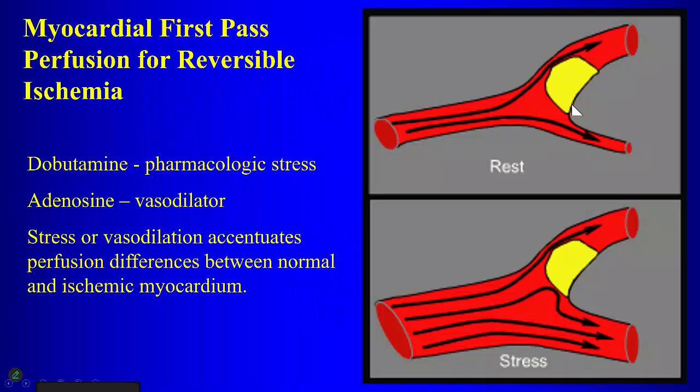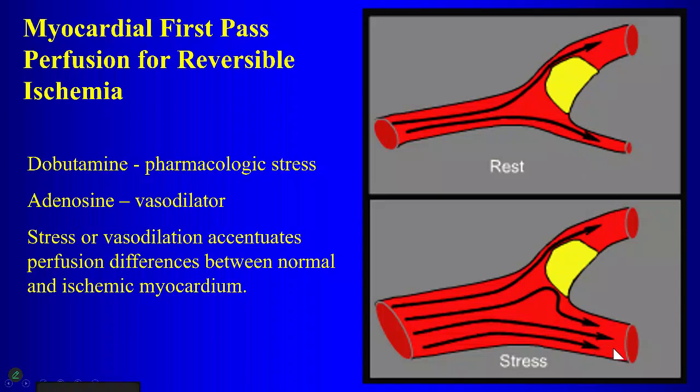Okay, so what's really going on here is if you have a tight lesion, then you have the vessel distal to that that's supplying the myocardium. Under the resting condition, that is maximally vasodilated to maintain perfusion to the myocardium. If you have a normal vessel here with no obstruction, then it's not dilated. When we give the vasodilator or when the patient is stressed, then we have vasodilation here of the normal vessel, but the abnormal vessel is already maximally vasodilated.